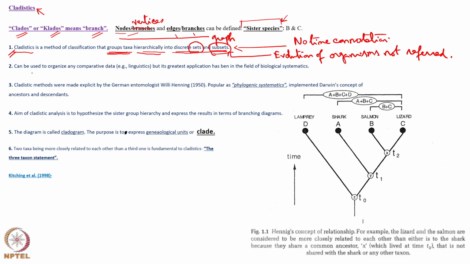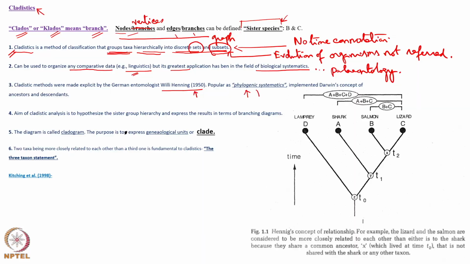Interestingly, cladistics can be used to organize any comparative data, for example, even in linguistics, but we are not discussing that here. Its greatest application lies in the field of biological systematics, therefore also in paleontology. The pioneering worker on cladistics was Willi Hennig, and his concepts are known more popularly as phylogenetic systematics.